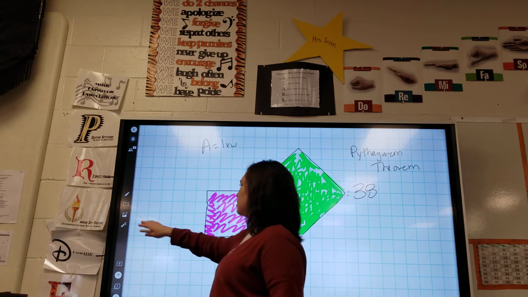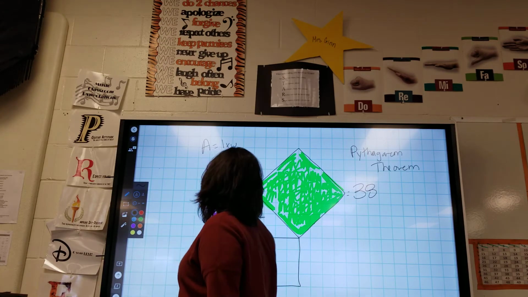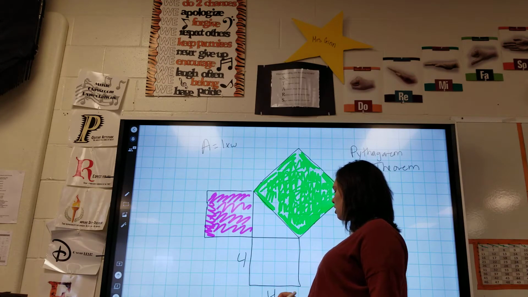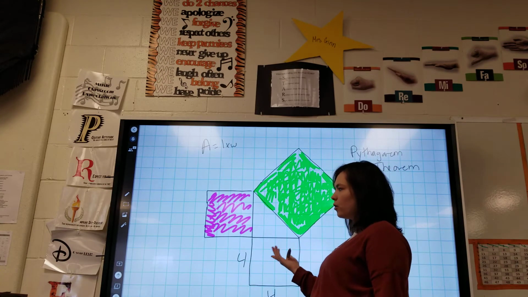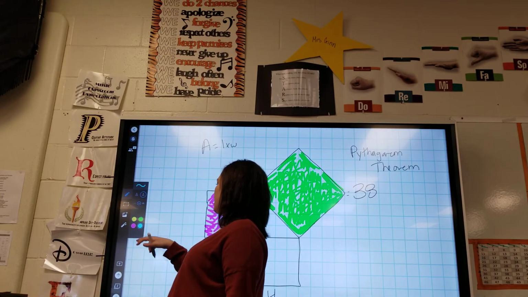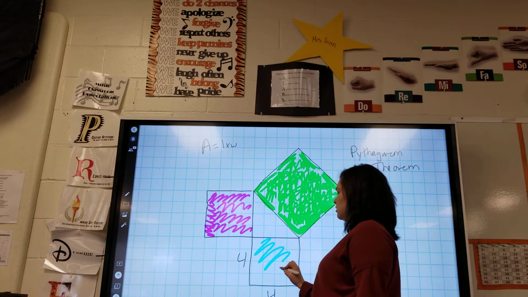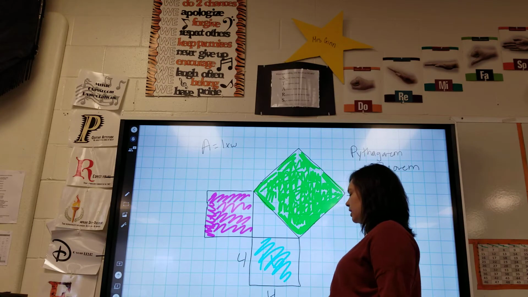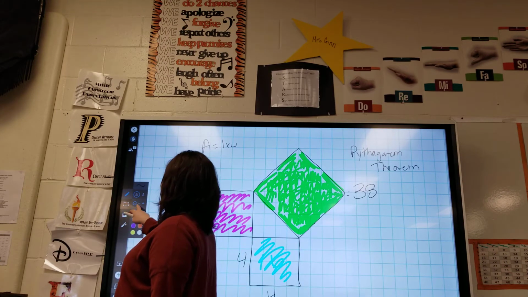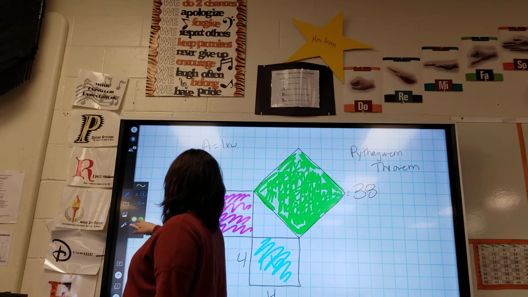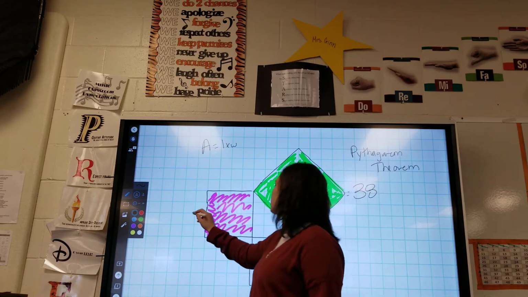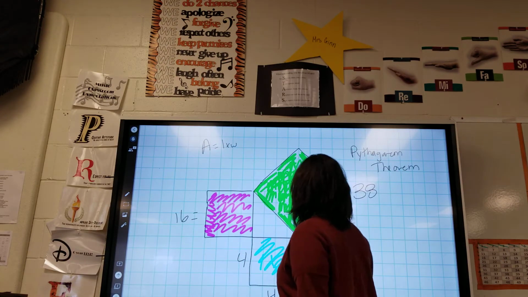The other way that we can solve it though is we can do that length times width, and we know that it's 4 high and 4 long. So 4 times 4 is, well, what do we get? We get the area, which is 16, okay? So both of these are basically equal to 16. So this one equals 16, this one is 16.